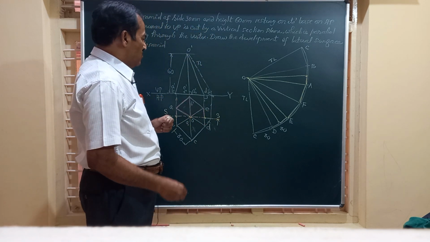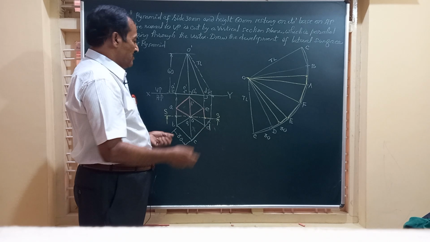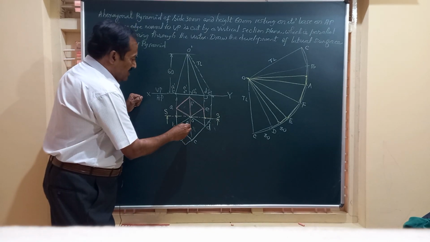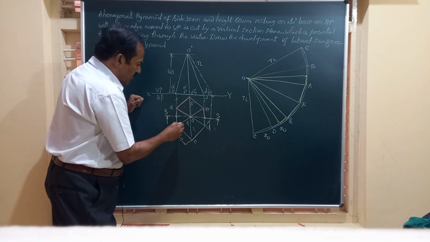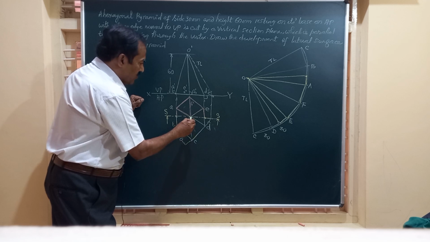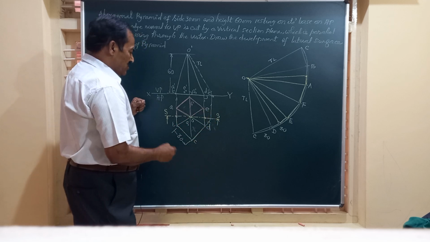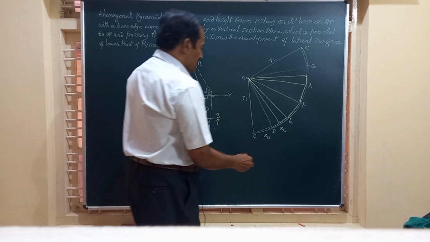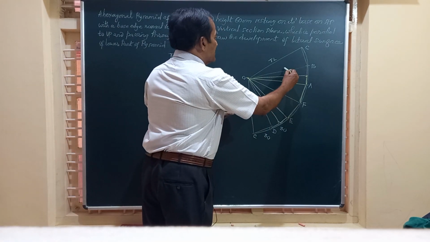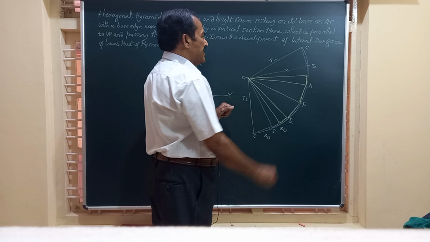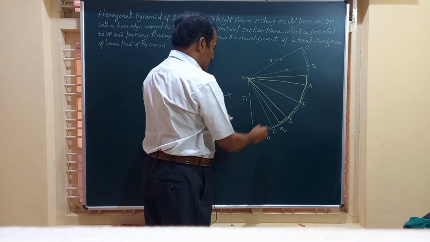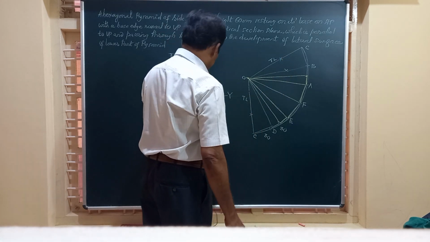So friends, what is not existing in the development are the edges OB, OC, OD. OB is not existing, show it by a thin line. OC is not existing, show this by a thin line.